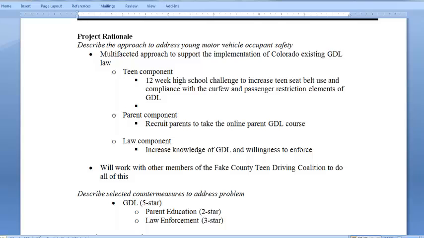Then I think we should have a law component. Actually, I should have said law enforcement component, which will hopefully really increase law enforcement's knowledge of the GDL law and maybe get their willingness to enforce the GDL component.